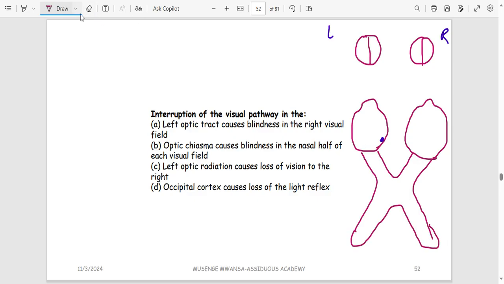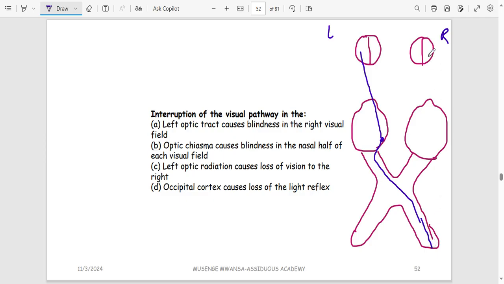Okay, there. So what is coming from this side is coming to hit here, and then the fiber is continuing on the same side here on the middle aspect and then going to decussate.